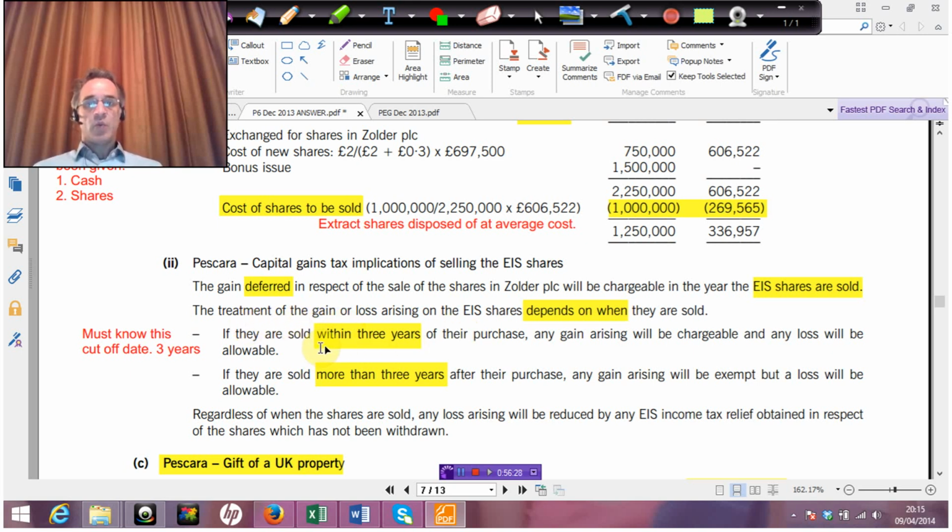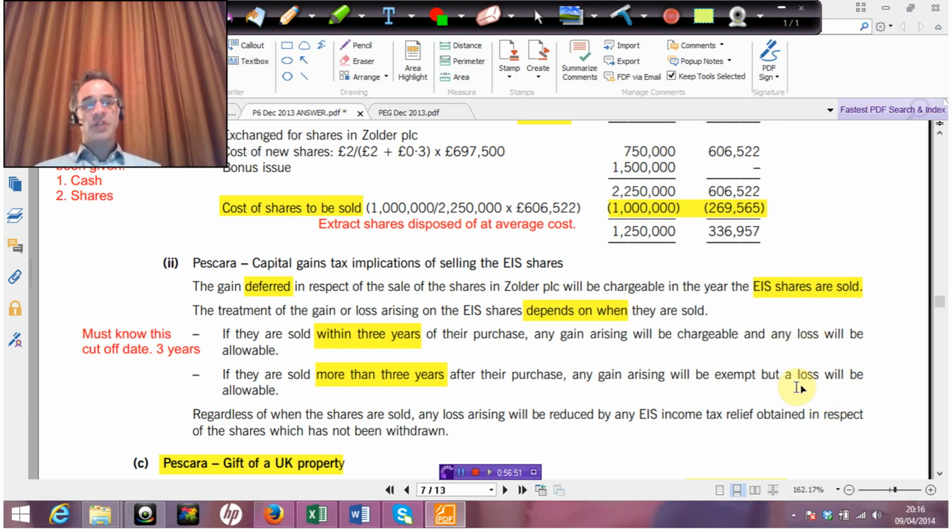So within 3 years, in other words, within the cutoff period, then the gain would simply be chargeable and any loss would be allowable. But if they can get outside the 3 years, ideally you're required to hold the shares for 3 years, then any gain will be exempt and a loss will still be allowable.